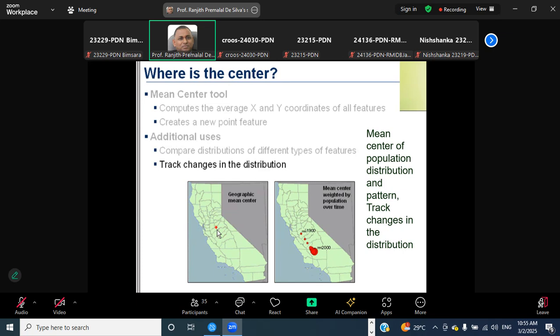Basically, it's not just XY, but the weighted value. You get the population as a weight. So you know how weighted values are calculated. This is an example where we can use a weighted value.